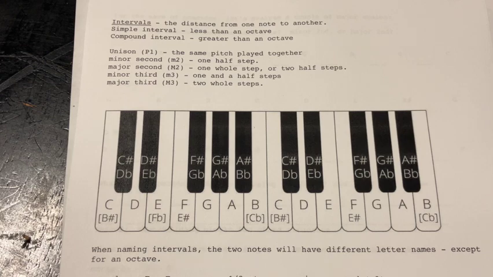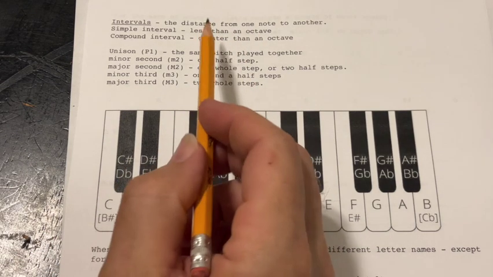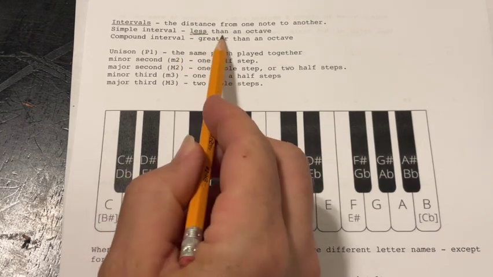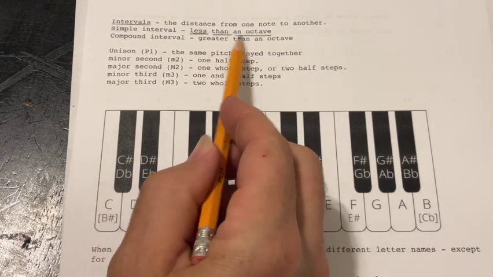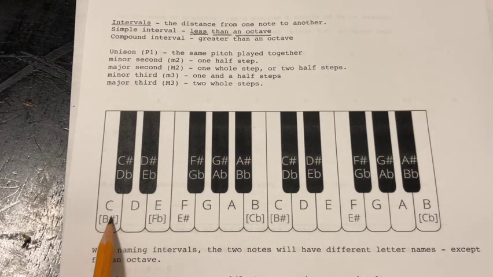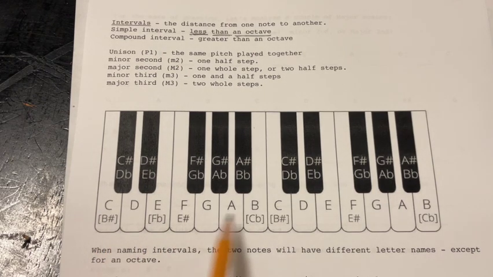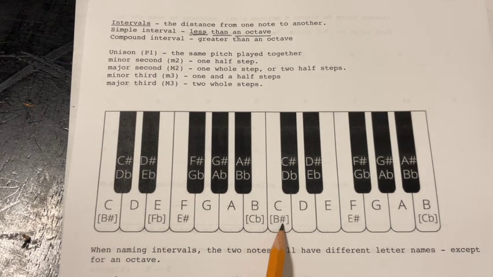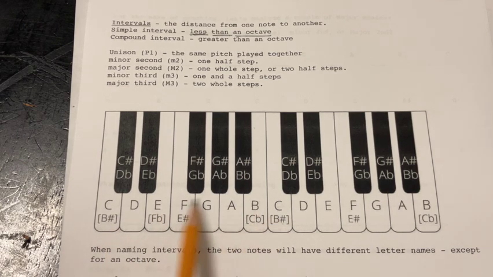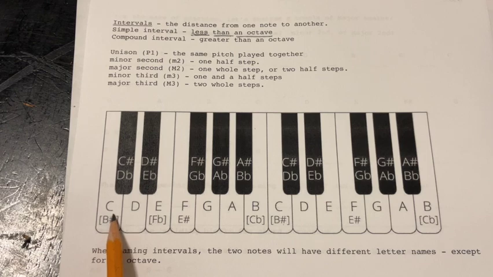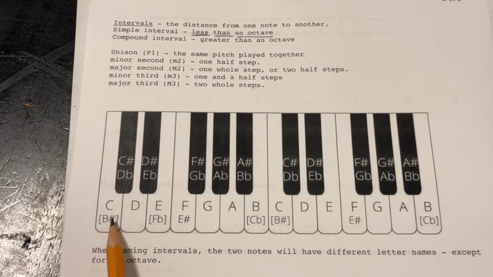So a simple interval is anything that's less than an octave. So you've got C at the bottom of the keyboard, and if I just go up to the next C, then everything between those two notes, that's a simple interval. So that's a second, a third, a fourth, a fifth, a sixth, a seventh.